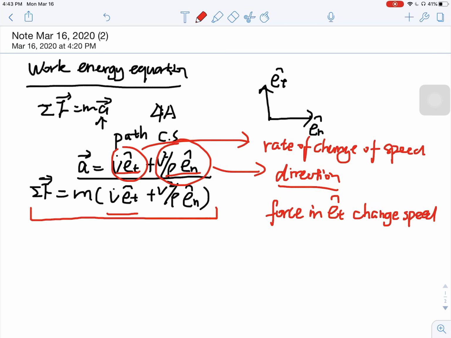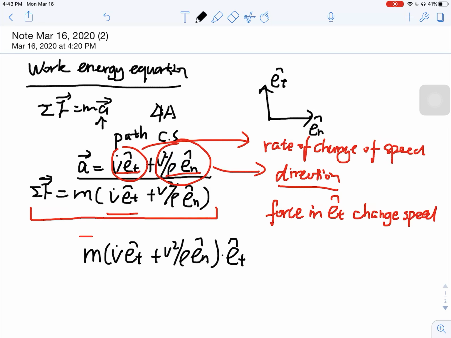If we take the dot product with the direction we care about, the unit vector et hat, that is m times v dot et hat plus v squared over rho en hat, dot et hat.